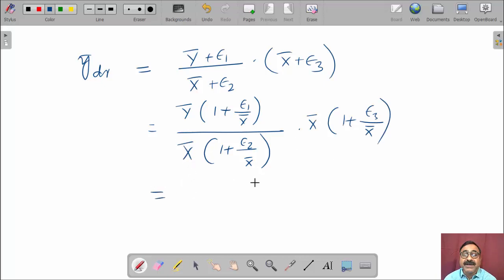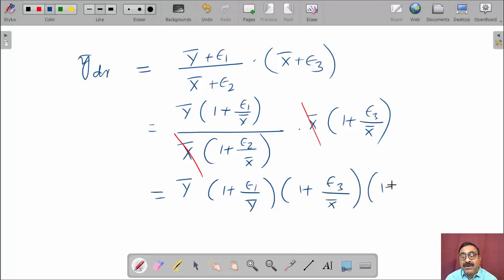Now X̄ cancels out, so we have only Ȳ (1 + ε1/Ȳ)(1 + ε3/X̄)(1 + ε2/X̄)^(-1).